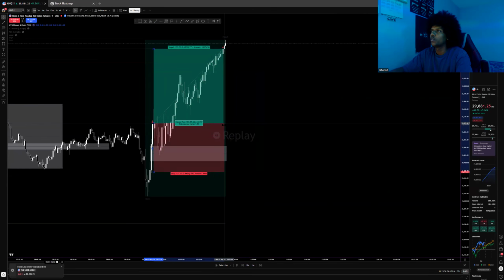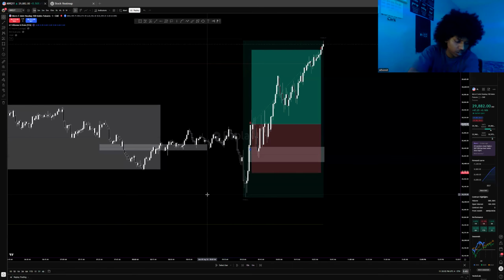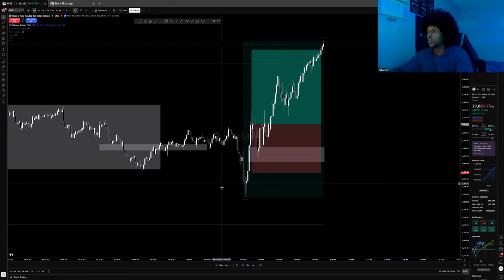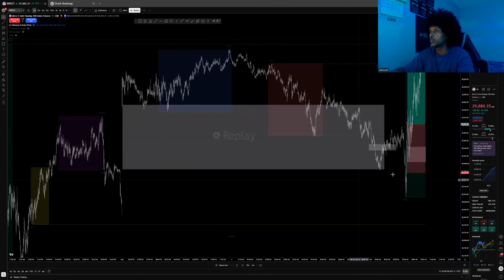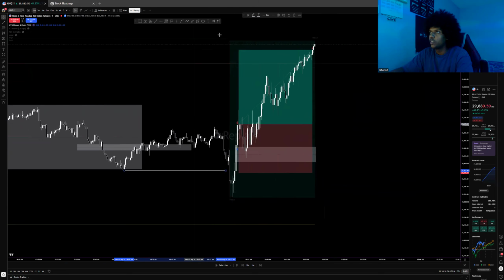I waited for two confirmations. The first confirmation is to wait for the price to sweep the market opening gap, and then an internal sweep, a 1 minute inversion. I could have probably entered right at this first inversion. This is a displacement candle, right?